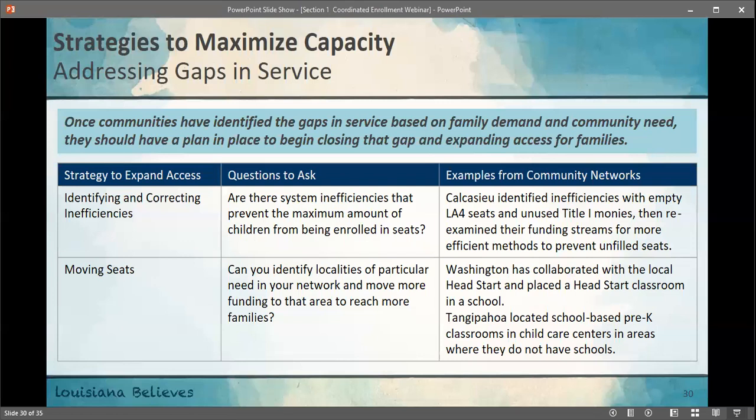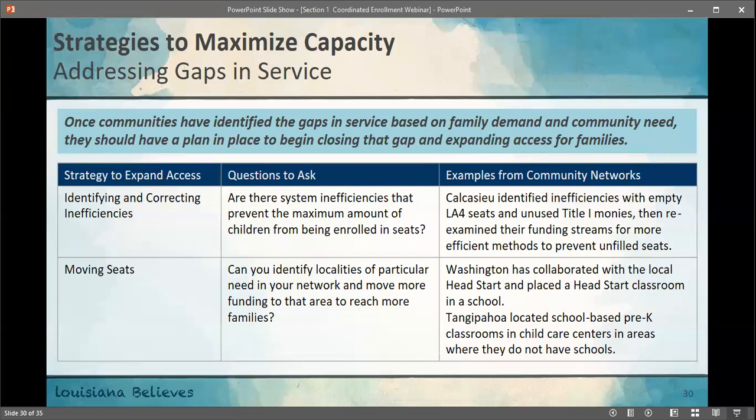Another strategy that may work for you is thinking about moving seats geographically. So a question you should be asking is, are there localities, zip codes, areas of your parish of particular need? And is there a way for you to move more funding and more seats to that area so that you're able to reach more families?